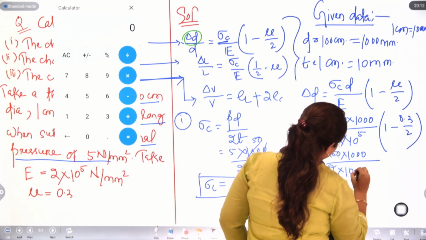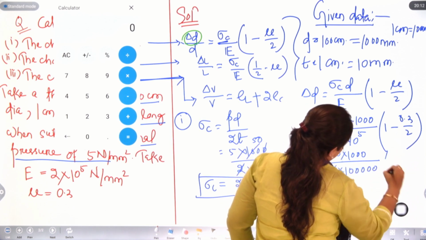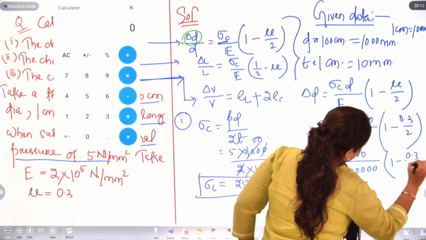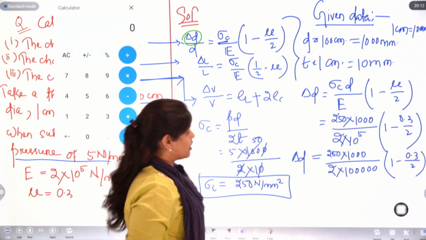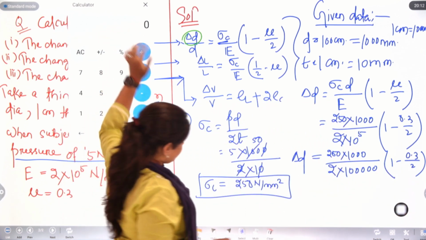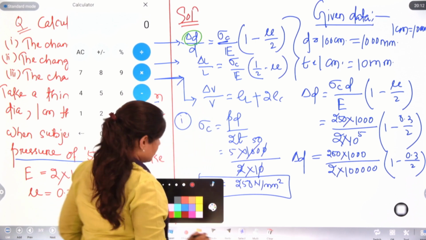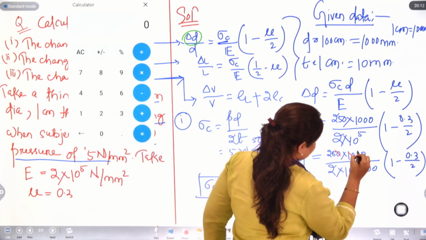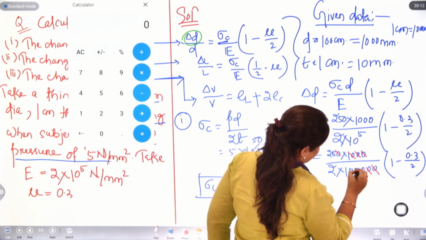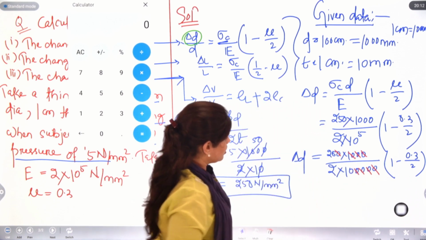So we can write it as easy. Now we can cancel 1, 2, 3, 4. Right?